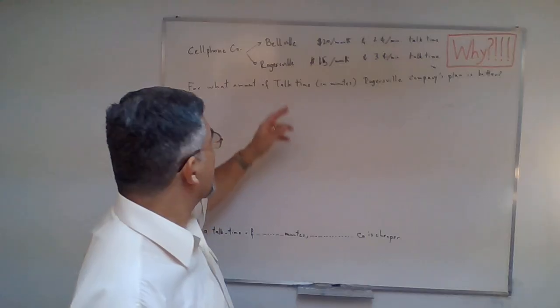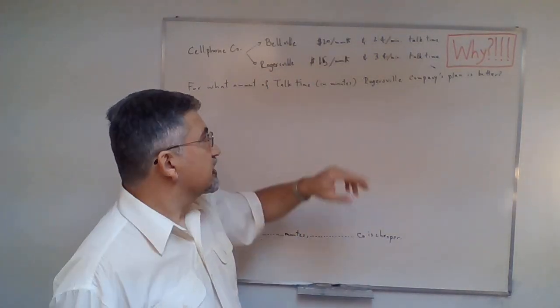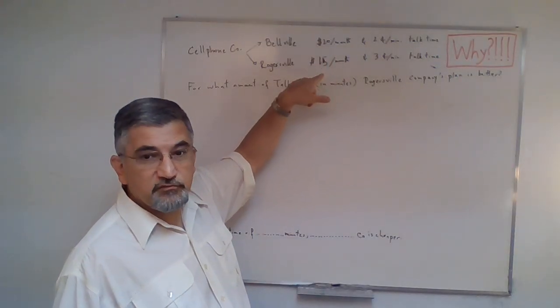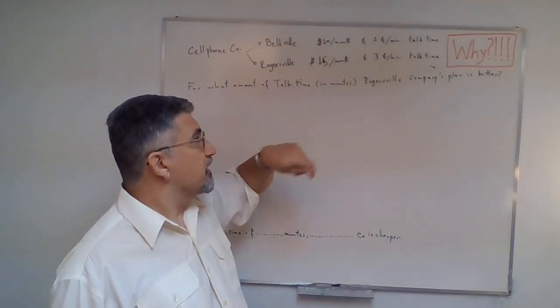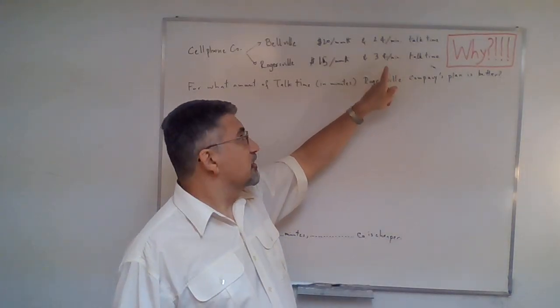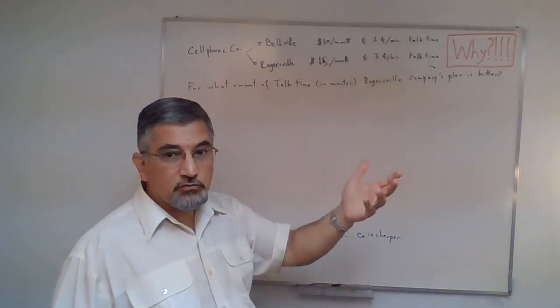But then this other company advertises and says, we charge you less. Instead of $20, we charge you $15 per month. But then every minute that you talk over the cell phone, we charge you 3 cents per minute. So, different plans.